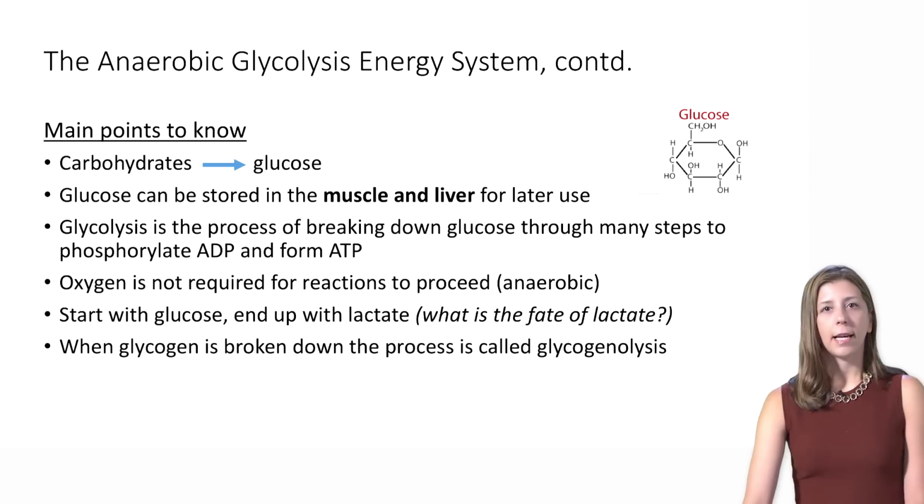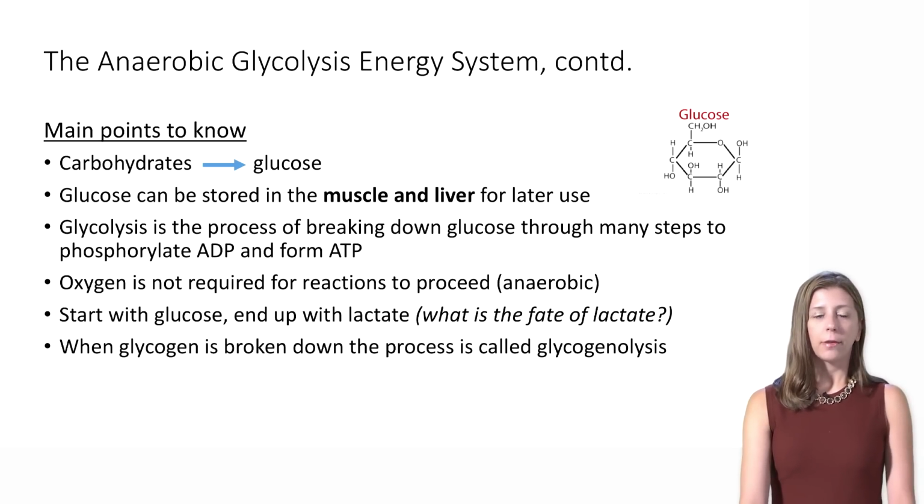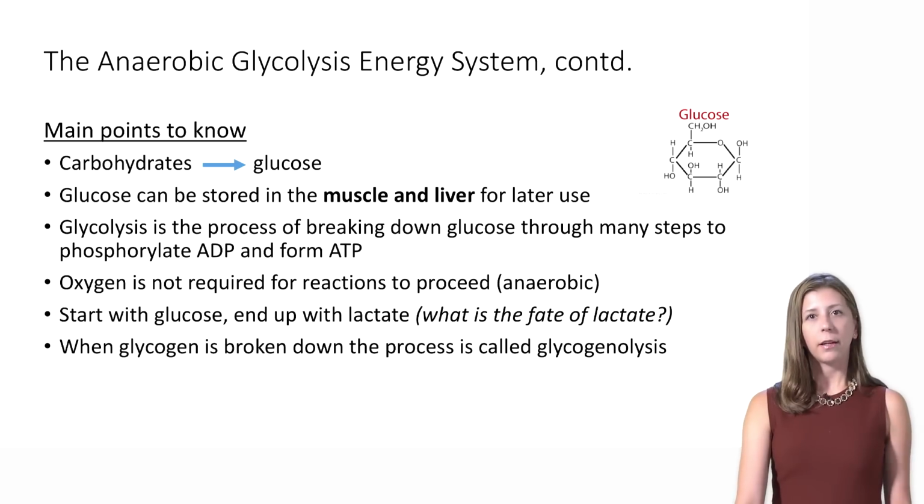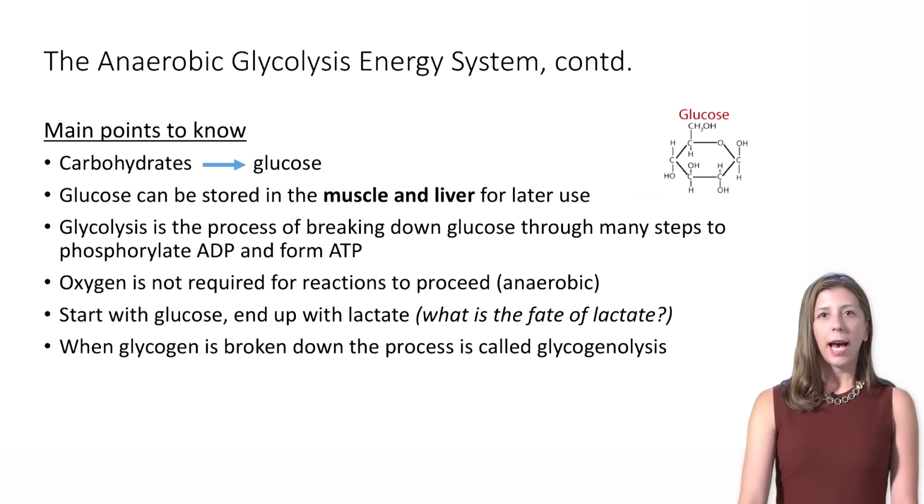What is the fate of lactate? Your book actually does a really nice job talking about some controversy with lactate and how it can cause acidosis or cause some negative effects in the body. We actually can end up using it for energy. It can go to the muscle and to the liver and to other cells. And actually that's where oxygen would come back in.